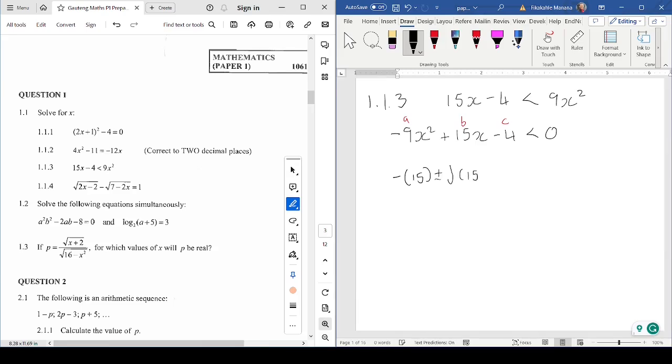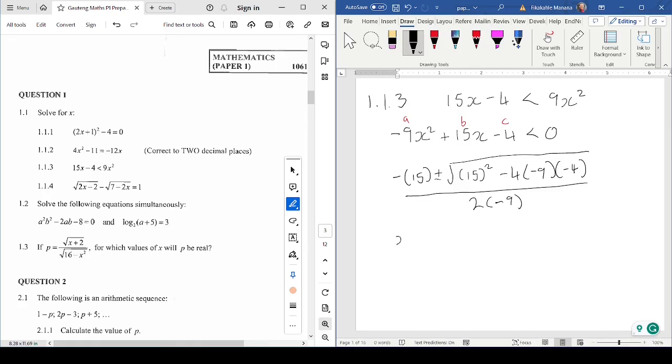B is 15 squared minus 4a. A is minus 9. And then C is minus 4. Close that bracket. Square root divided by 2a. And what's a? A is minus 9.